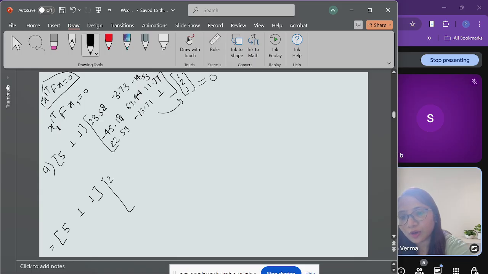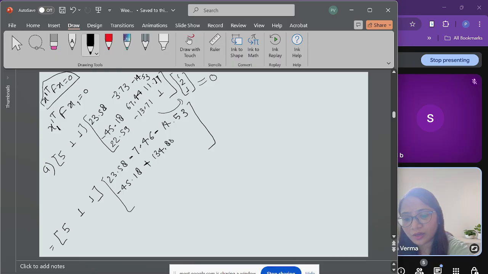23.58 minus, 2 into 3.73 gives 7.46, then again minus 14.53. Similarly for the next, minus 45.18 plus 134.88 plus 11.17. Next is 22.59 minus 27.42 plus 1.